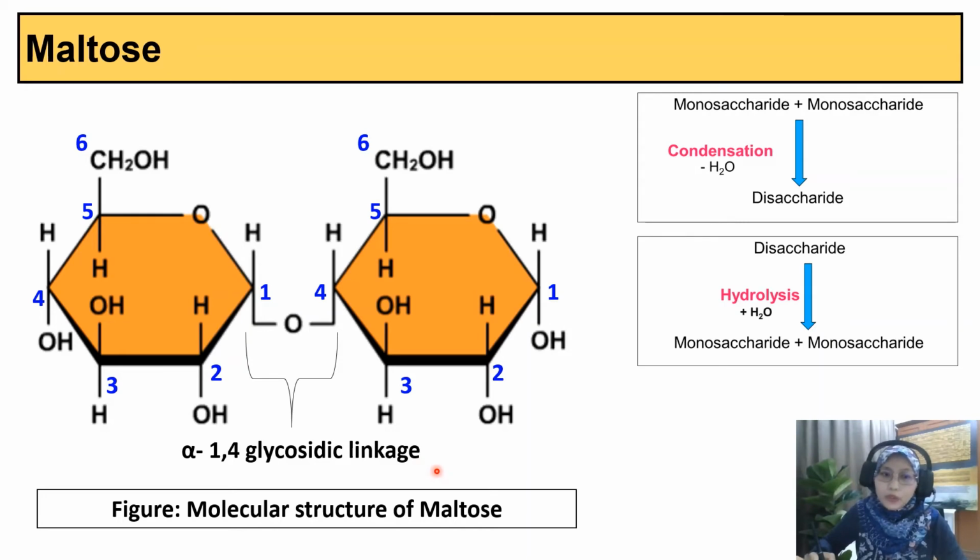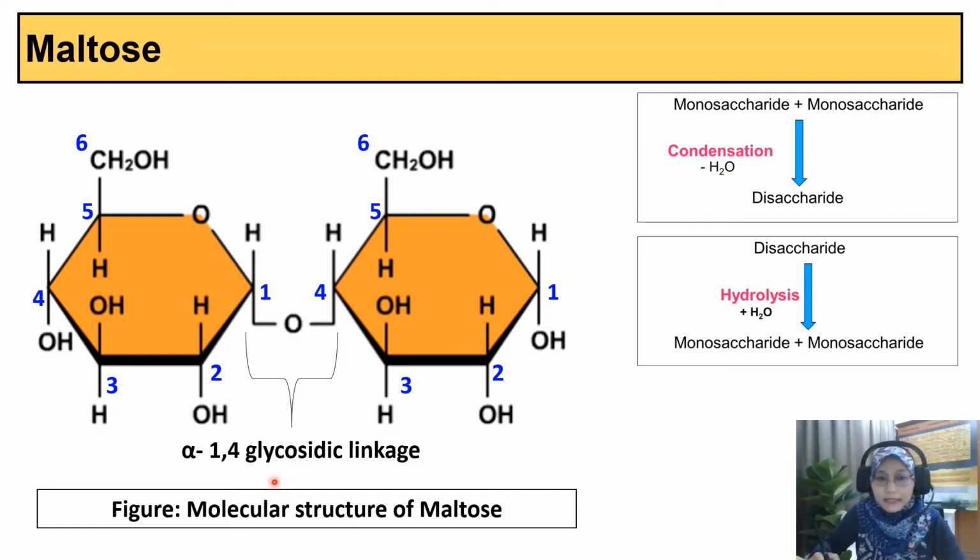Do you know why it is known as alpha? Because the monomers used are alpha glucose. And do you know why there is 1 and 4? 1 and 4 is because the link between the 2 monomers involves carbon number 1 and carbon number 4.